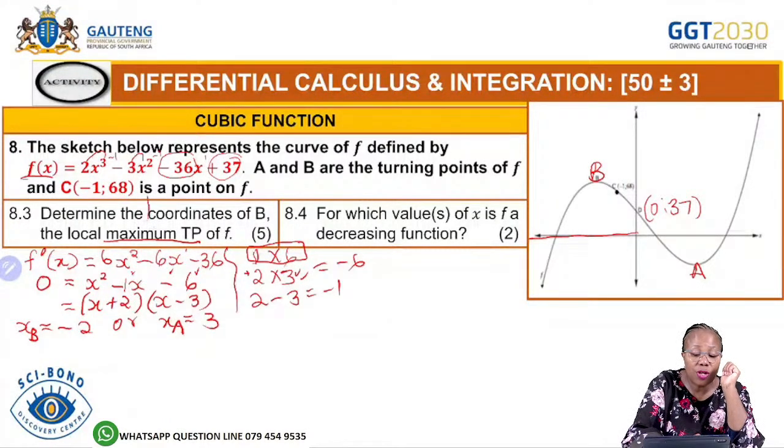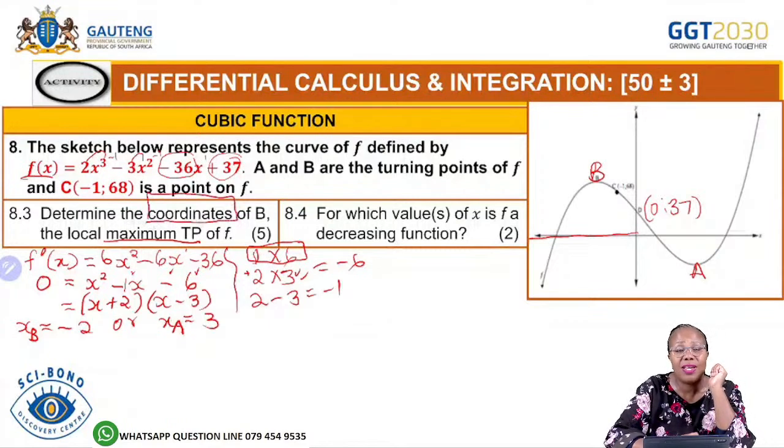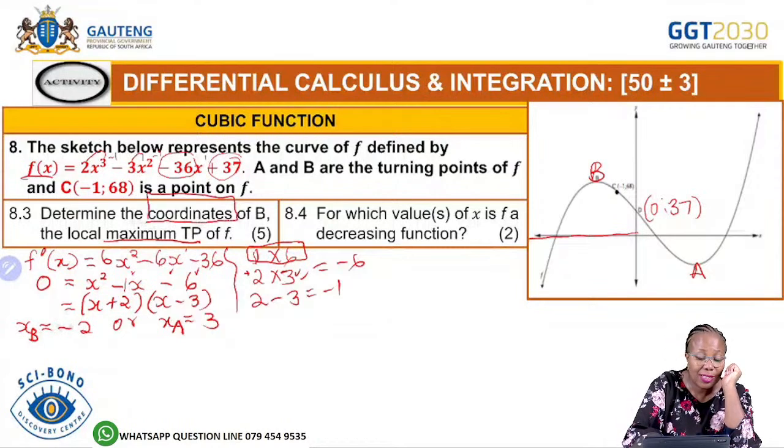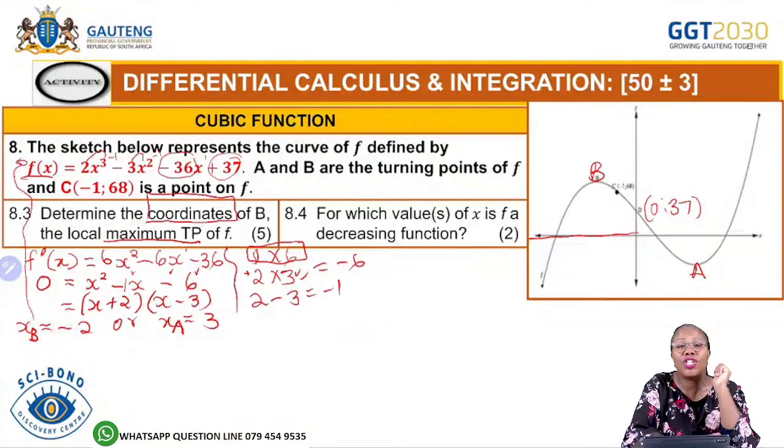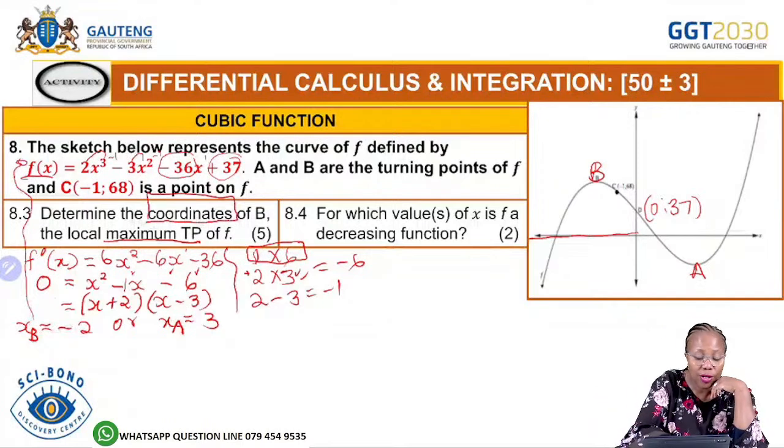And then in this case, we are looking for the coordinates, not only the value of x, both x and y of B. So we are going to substitute this minus 2 into the original equation. Into the original, you can't take anything in between. You must go original in order to find the y value. That means we substitute x with minus 2 in the original equation. You can even do this on your calculator without showing us.